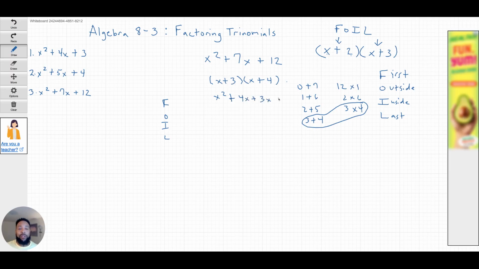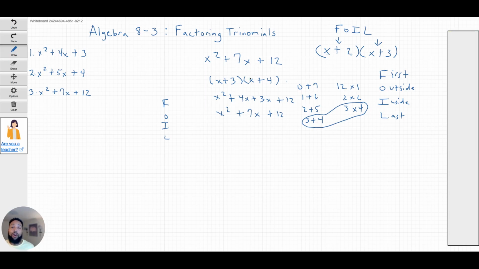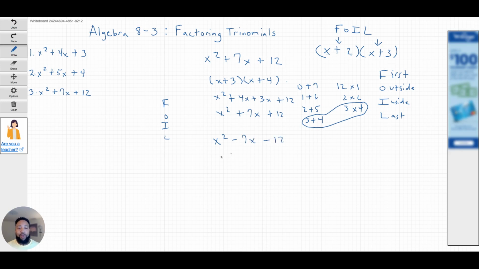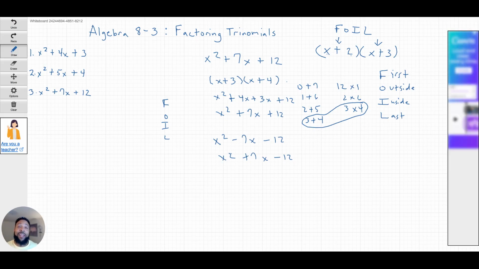Okay, so our last problem, x squared plus 7x plus 12. So we're going to make our parentheses for our two binomials. We know the first is going to be x. So we need two numbers that when you add them, you get 7. When you multiply them, you get 12. So we could do 0 plus 7, 1 plus 6, or 2 plus 5, or 3 plus 4.